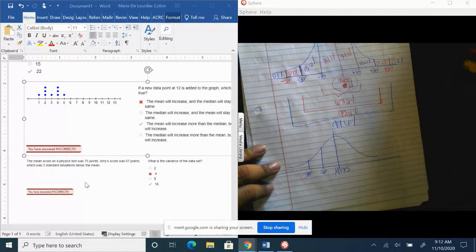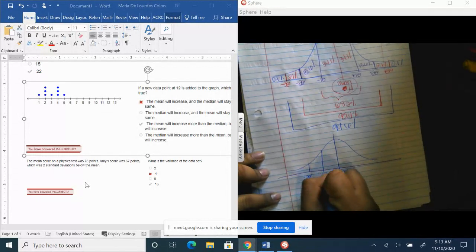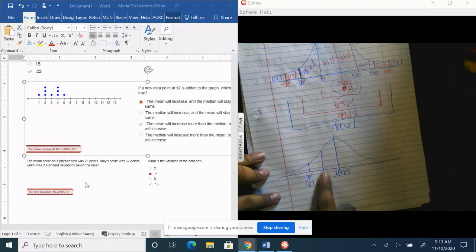So we want to know what was the variance. If we look at where she's at, 67, that might not help. So we want to see, she's 2 standard deviations below. Let's do 67. We want to find out, well, what's 1 standard deviation?